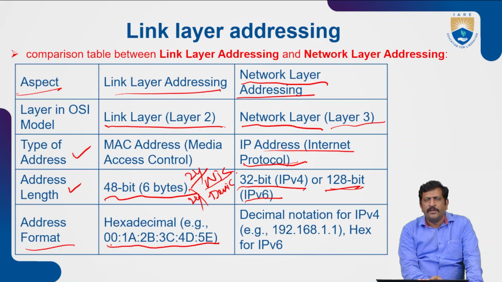For example, 00:1A:2B:3C:4D:5A. Like this we can represent the MAC address of each and every device. For network layer addressing, the format is represented in decimal notation, that is the IP address.